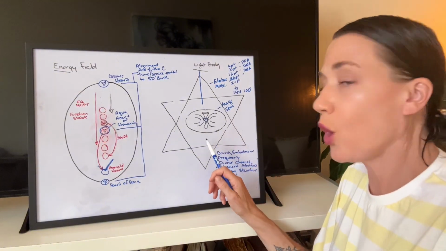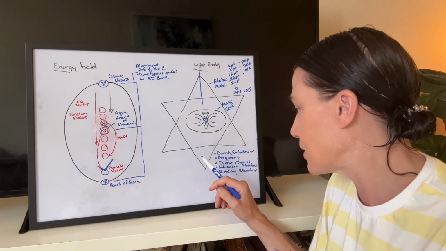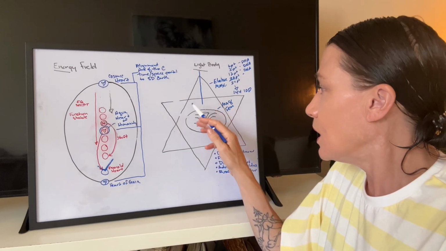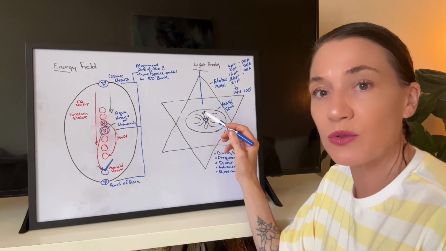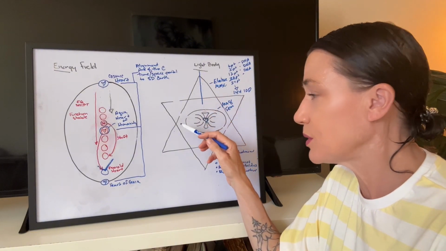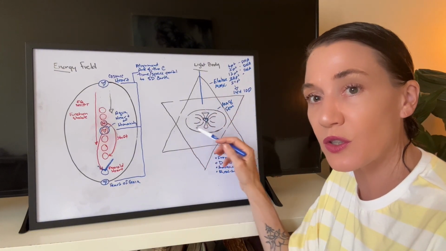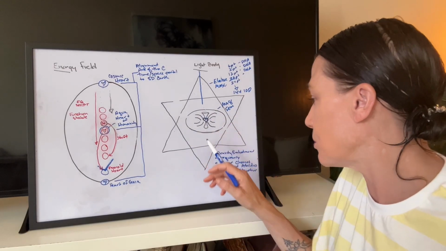The light bodies also manage and maintain your frequency, okay? So the complexity of the light body is what allows you to hold these higher frequencies, because the energies of pure source is filtered through the field, through the light body, and then into the physical body, okay?